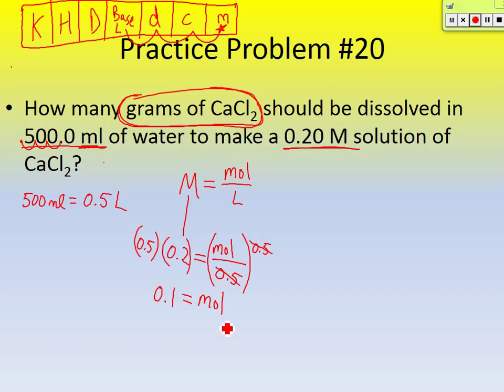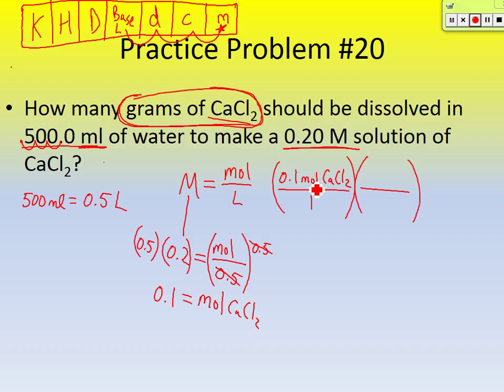So we have 0.1 moles of what substance? Calcium chloride. So that's where you're going to start your stoichiometry, your calculations here. We're going to take 0.1 moles calcium chloride and put it over 1. And we're going to use a conversion factor to switch that to grams.